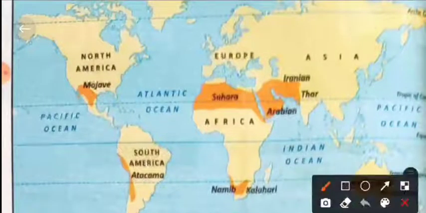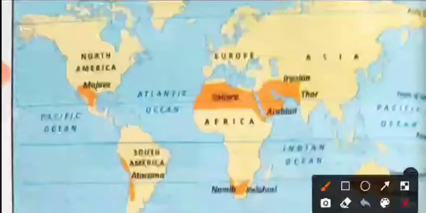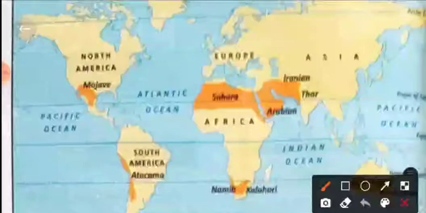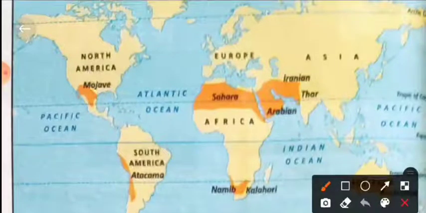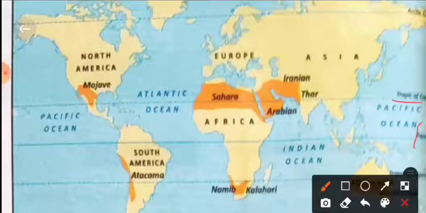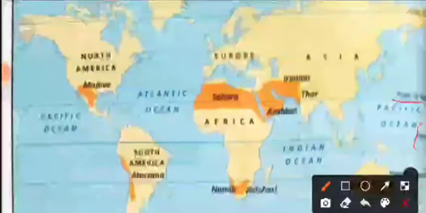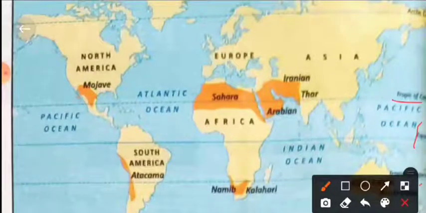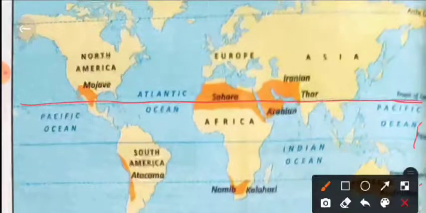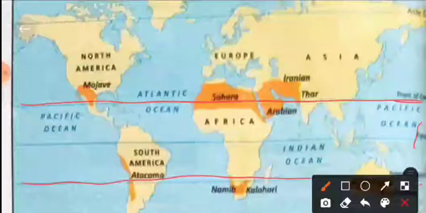Here is the Tropic of Cancer, and this is the Tropic of Capricorn.